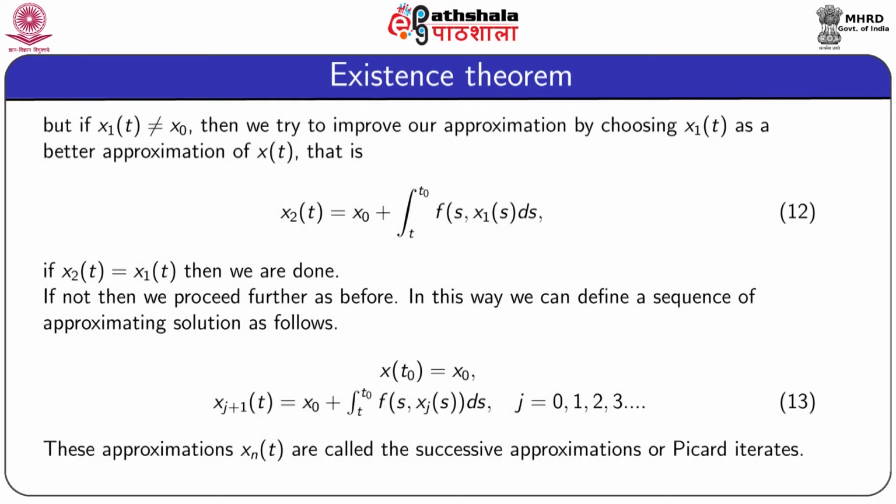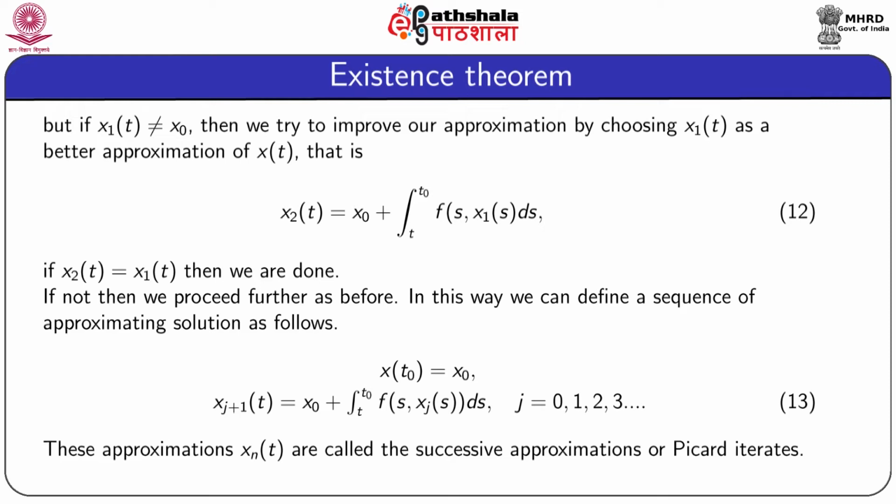But if x 1 t is not equal to x 0, then we try to improve our approximation by choosing x 1 t as a better approximation of x t, that is, x 2 is equal to x 0 plus the integral from t 0 to t of f s, x 1 s ds, given by equation number 12. If x 2 is equal to x 1, then we are done.